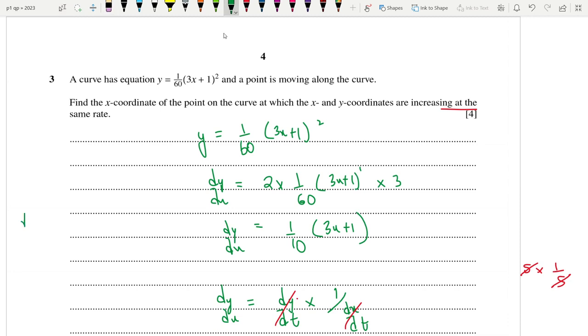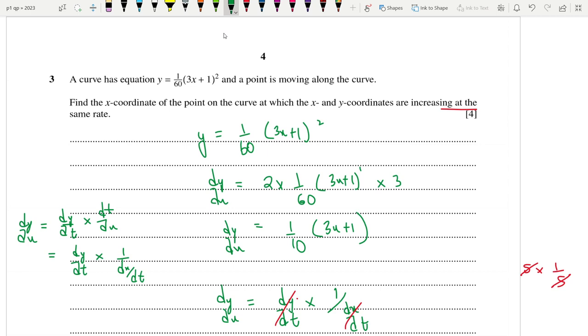We know that dy by dx is equal to dy by dt into dt by dx, or it can be written as dy by dt into 1 divided by dx by dt, reciprocal, right? I can just bring it down there.